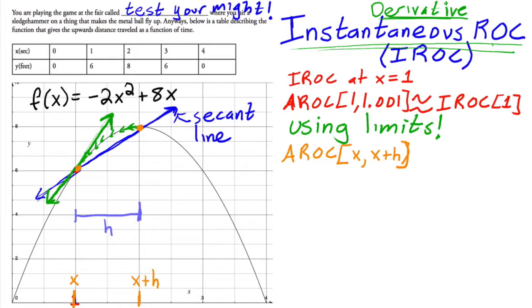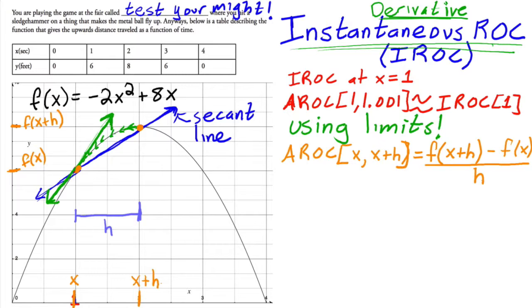So now what this is equal to is f of x plus h, which is the y value right here, minus f of x, which is this one right here, all over x plus h minus x, which is just equal to h.